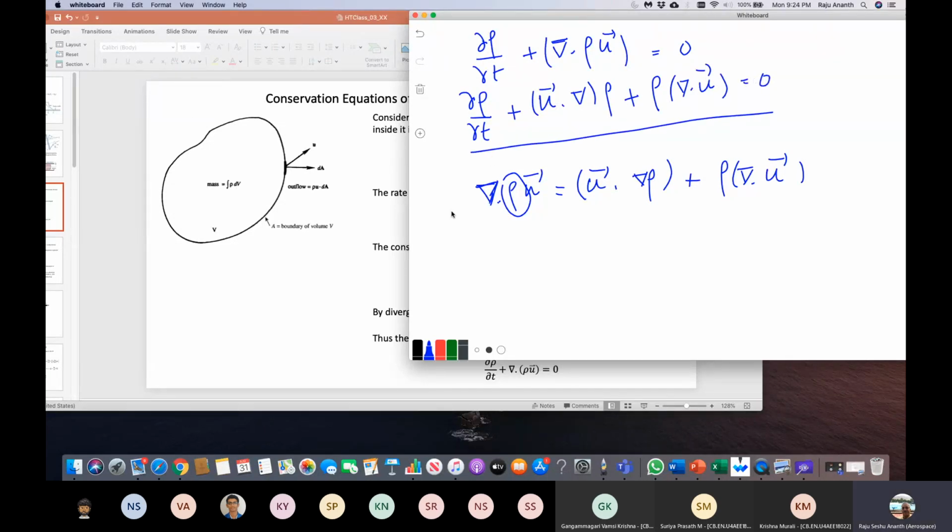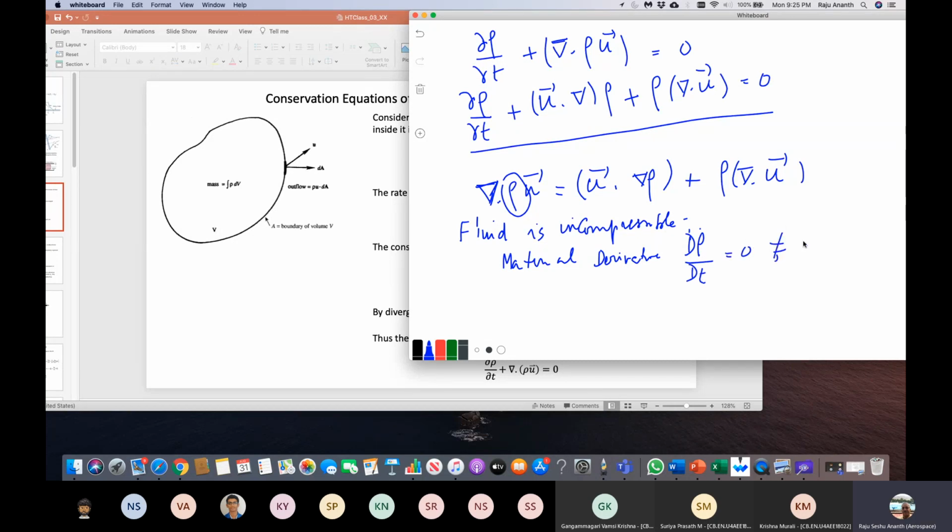Now, what exactly is an incompressible fluid? That means that the material derivative, which I will define in a minute, of rho is 0. In other words, D rho by Dt, I am making a distinction, is 0.